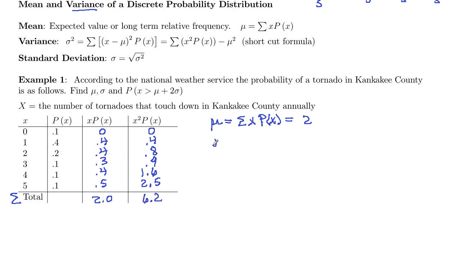So then our variance, sigma squared, is the sum of the x squared p of x, that's the 6.2, minus the mean squared, which is 2 squared. So this is 6.2 minus 4, that is going to be 2.2, and then our standard deviation is the square root of 2.2.